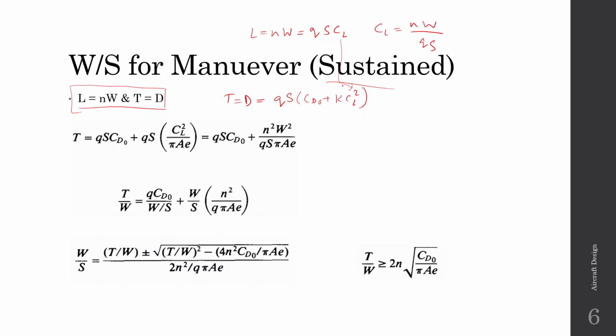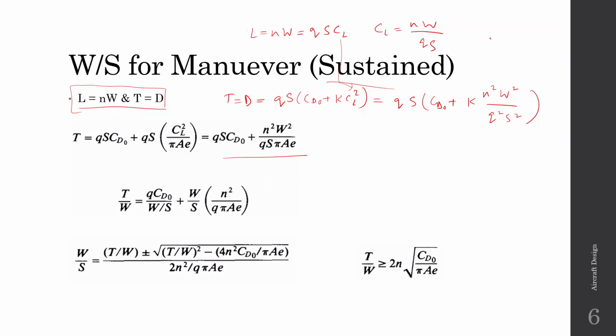When you substitute the CL here, you get thrust is equal to QS (CD naught plus K n square W square by Q square S square). When you expand it, you get this equation.